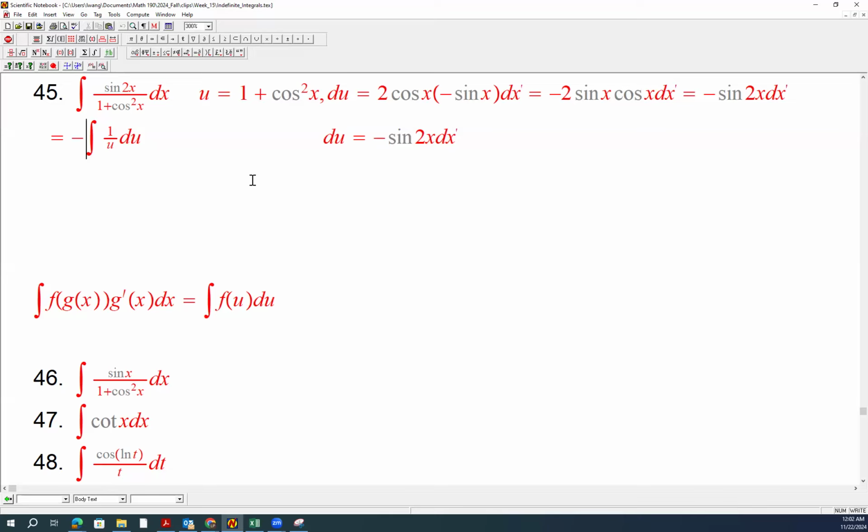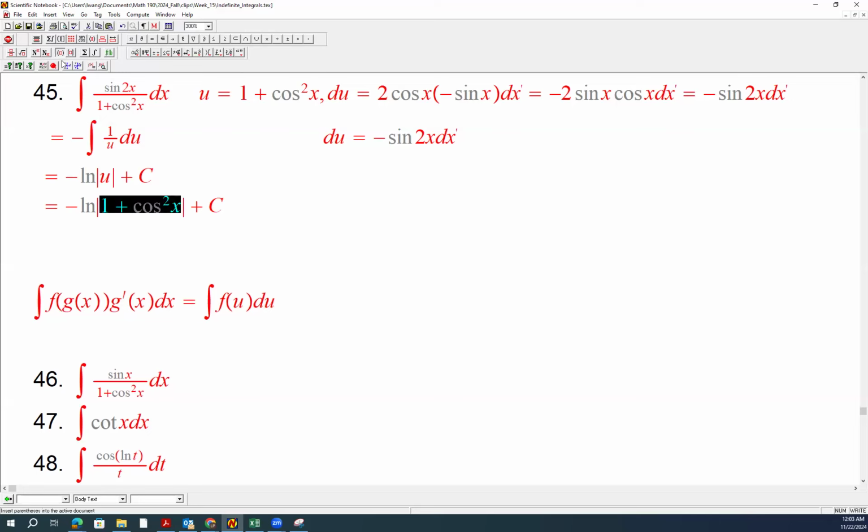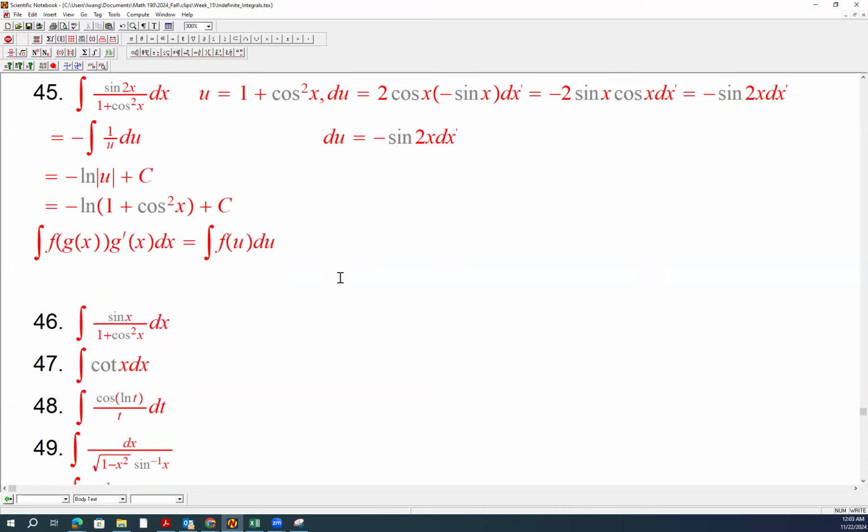The answer is going to be negative ln of u, absolute value. It's safer to put absolute value. Once again, u in our assumption is always going to be positive, so I'm going to drop the absolute value sign.